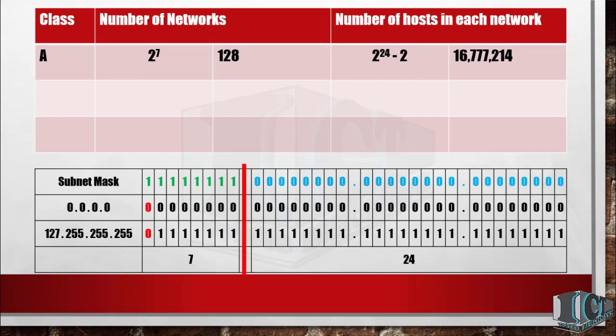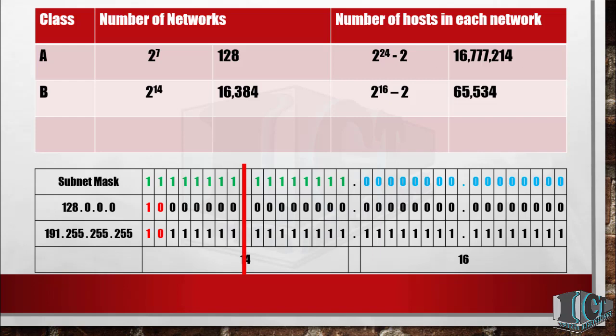Now if you consider class B, I have to move this line to this area so that I can separate the network bits and the host bits. Here I know there are 16 network bits and 16 host bits in class B. And since I have a 0 there, I am eliminating 2 bits from the network.